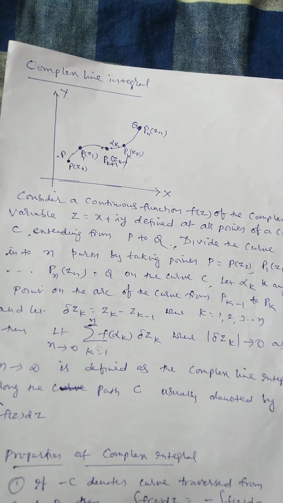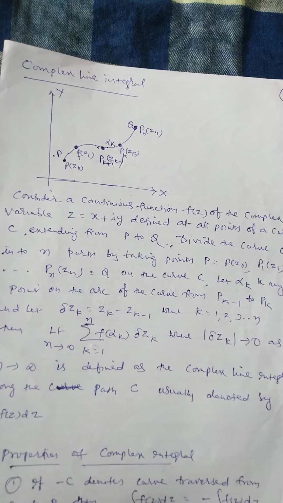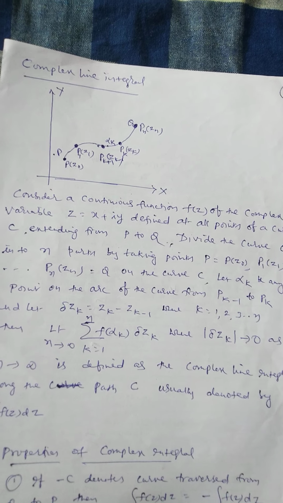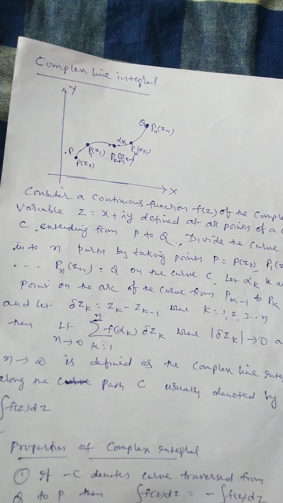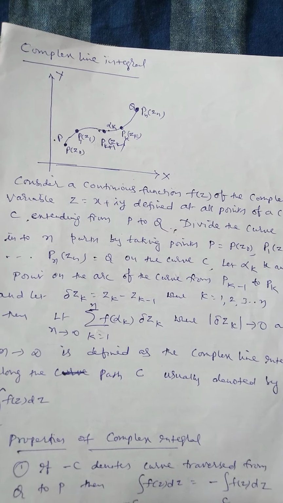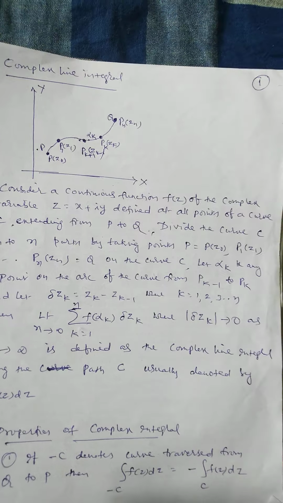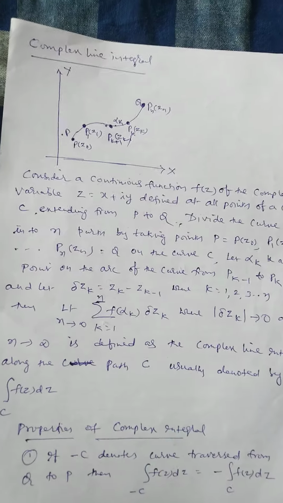That expression, limit n tends to infinity summation k varying from 1 to n f of alpha k delta z k, where mod of delta z k tends to 0 as n tends to infinity, is defined as the complex line integral along the path c. Usually we denote it by integral over c f of z dz.